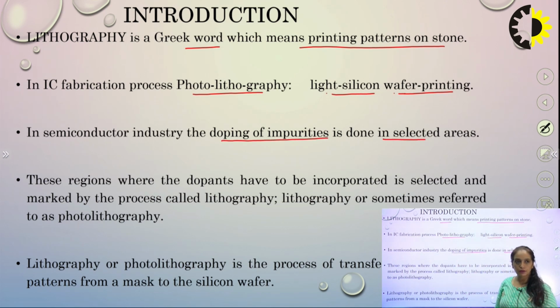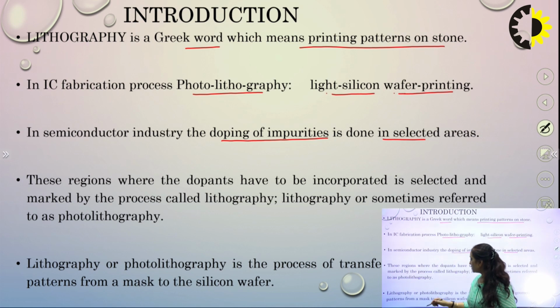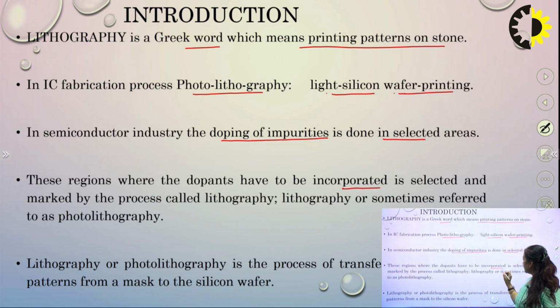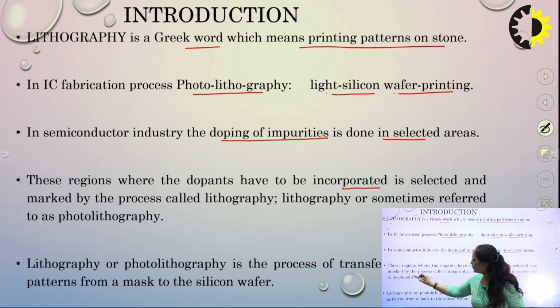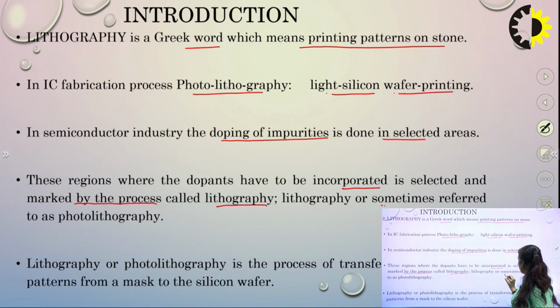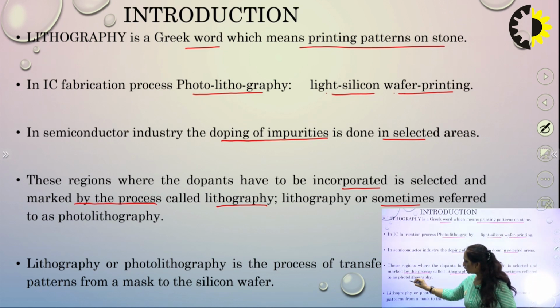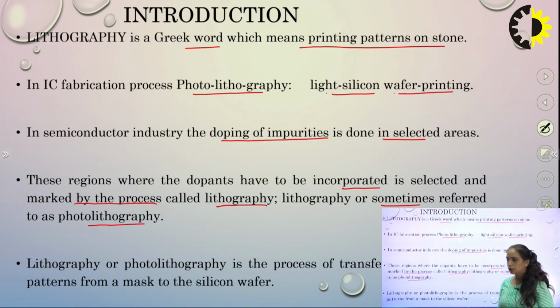We have seen in the previous slide that the doping should be done in the dedicated areas only. So these regions where the dopants have to be incorporated are selected and marked by the process called lithography. Lithography is also referred to as photolithography. Lithography or photolithography is a process of transferring the pattern from a mask to the silicon wafer.